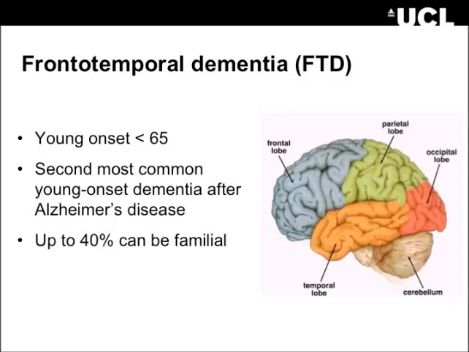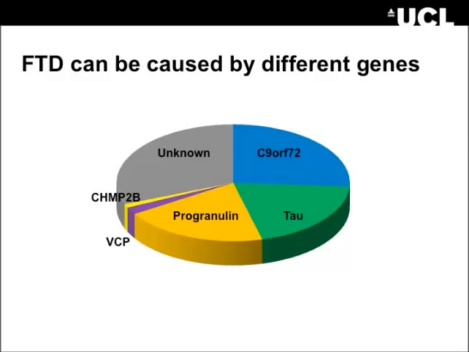But what's key for the work that my lab does is that about 40% or so of people with FTD, it runs in families. So when it runs in families, that gives us an opportunity to find out what the gene is that causes FTD in that family. And this is a pie chart of the different genes that we know cause FTD.